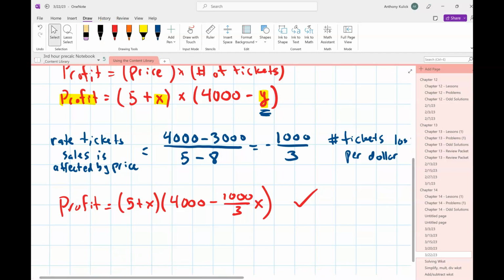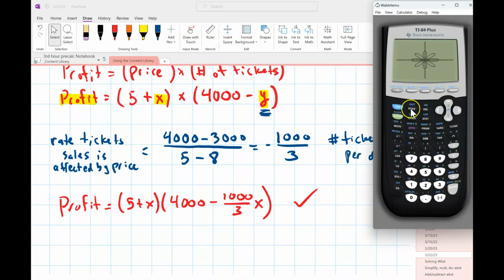So all I need to do now is to plot this on my calculator. So 5 plus x, and then 4,000 minus 1,000 divided by 3 times x.